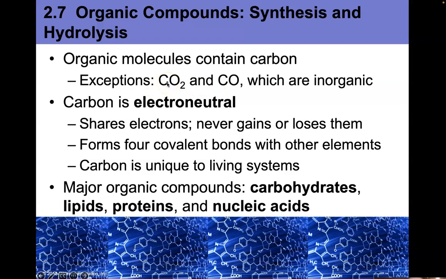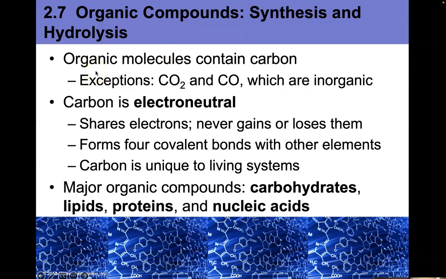Carbon dioxide is not organic. But if you think about that rule, it has to have a carbon-hydrogen bond. Carbon dioxide doesn't have a carbon-hydrogen bond. So again, it's going to be inorganic. Same with carbon monoxide. No carbon-hydrogen bond. Boom, it's inorganic, okay?